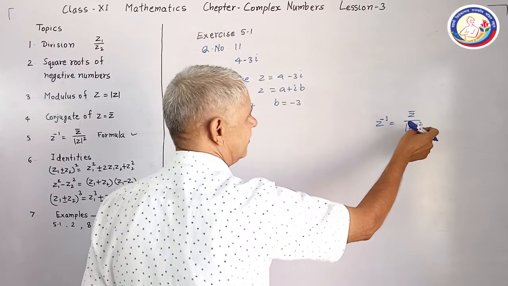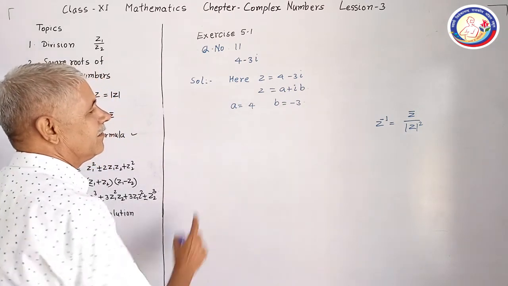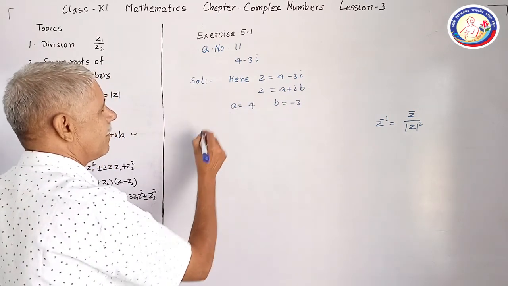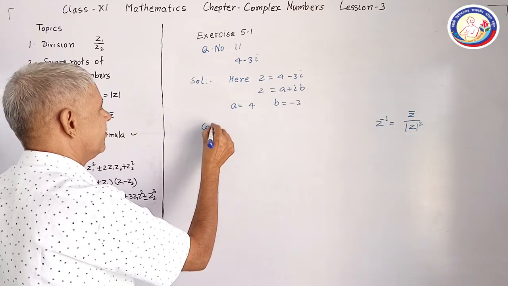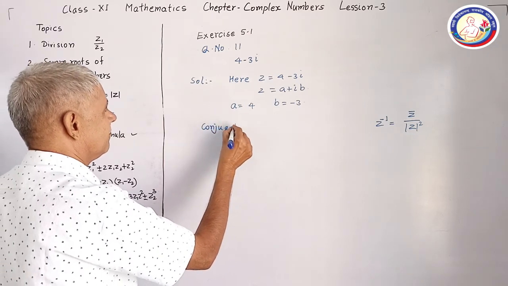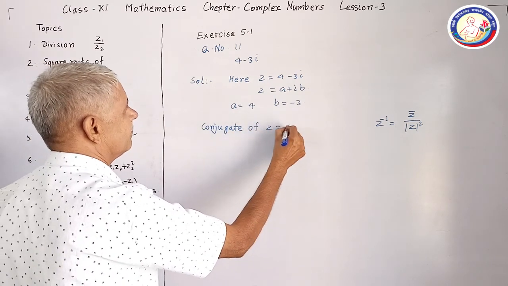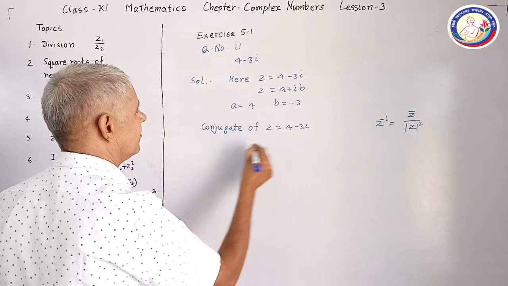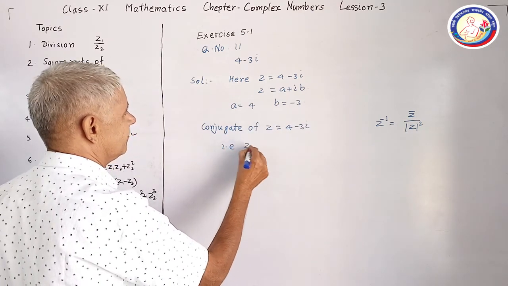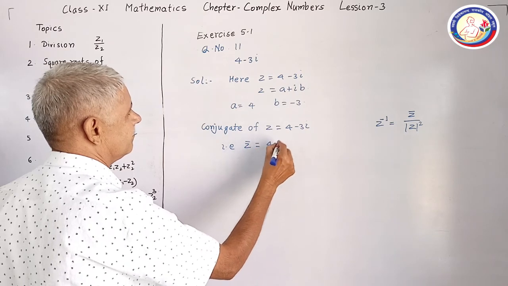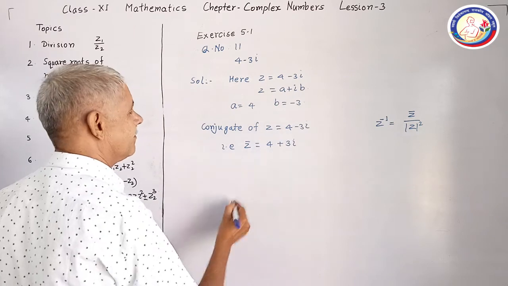So first find these two quantities and then put the values in the formula. Change the sign of the imaginary part.